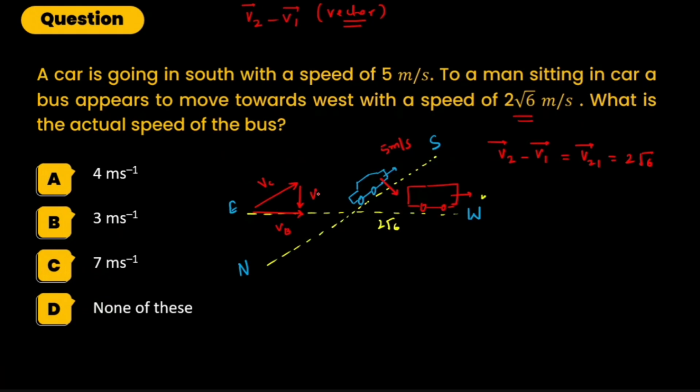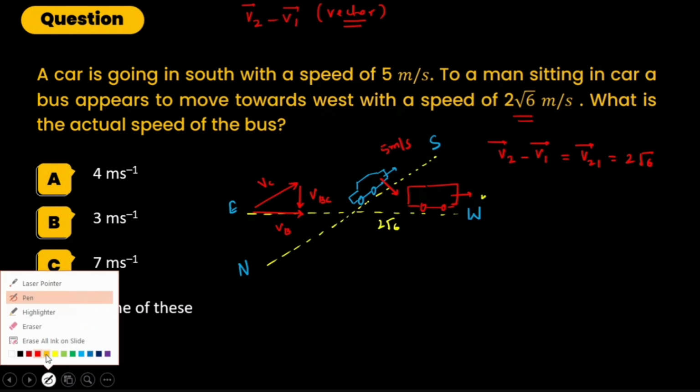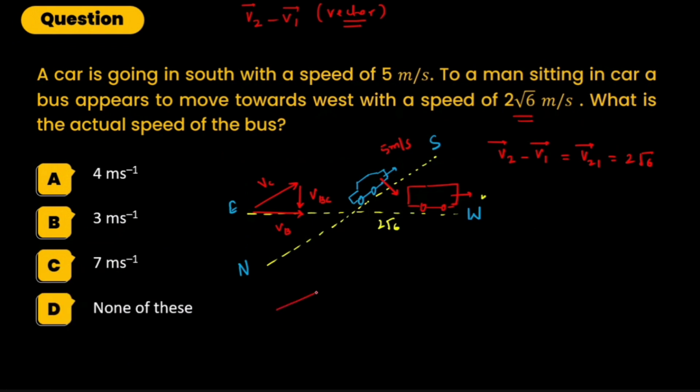But the velocity of the bus with respect to the car is going to be in this direction. Or if I want to draw it more precisely, it is going to be this. So we are given this, we are given this, we have to find this. How can we do it?